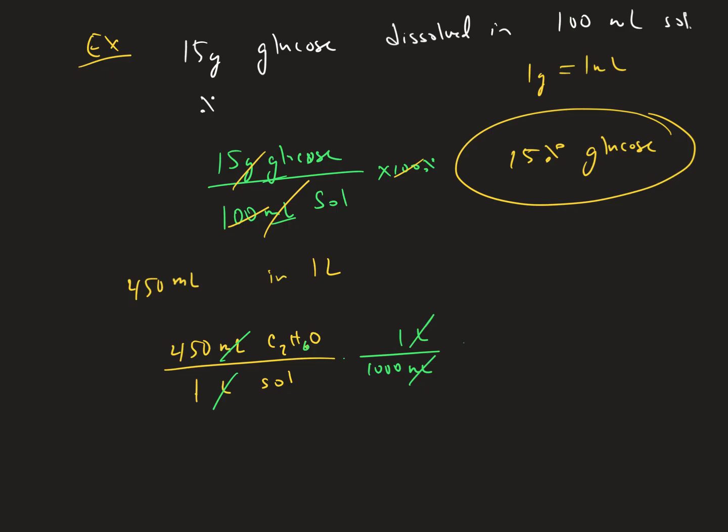Times by 100%. That's it. When I say that's it, I'm not saying it's easy, just saying that's all there is to it. So we divide that by 1,000 and we get 0.45 times 100 is 45%.